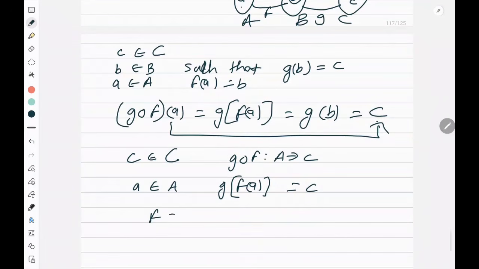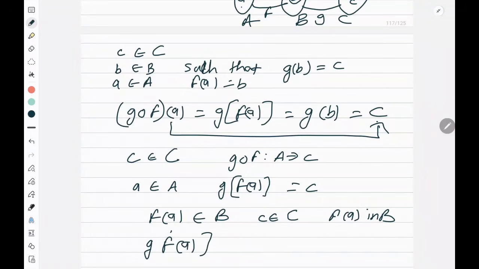Now since f of a belongs to B, for every c in C there is an element f of a in B such that g of f of a is equal to c. Therefore, g is onto.